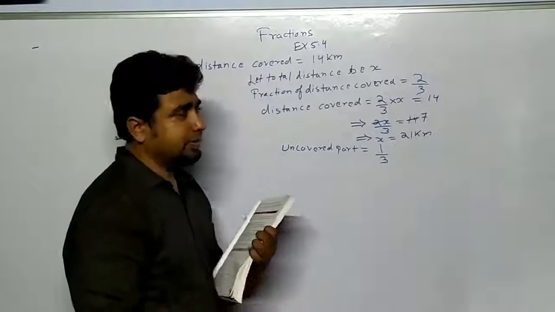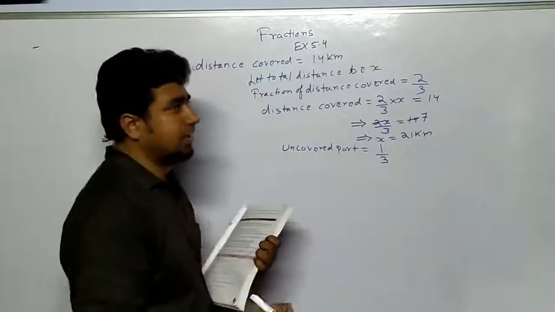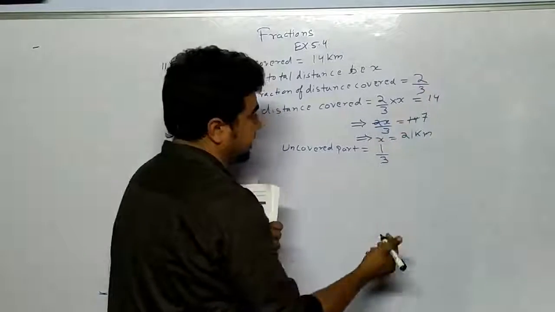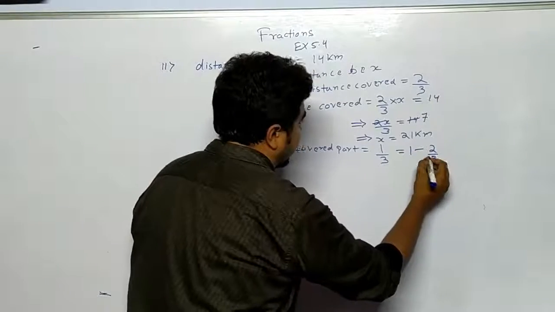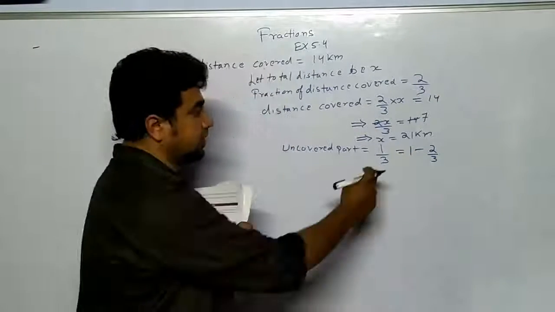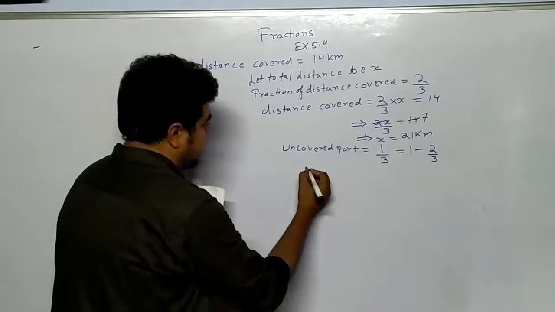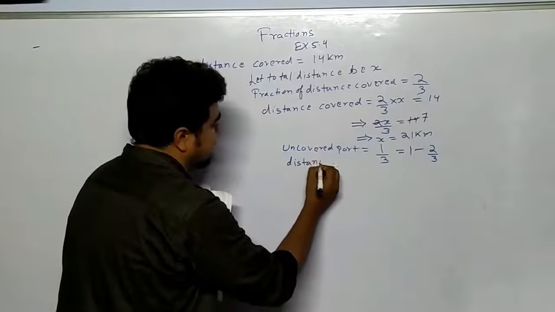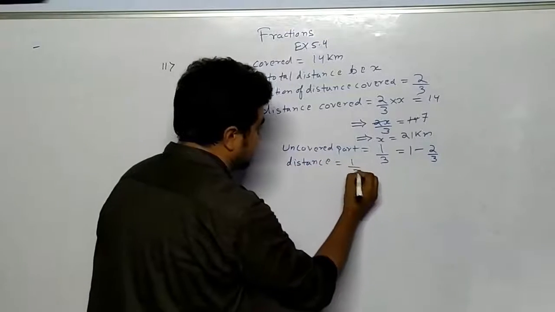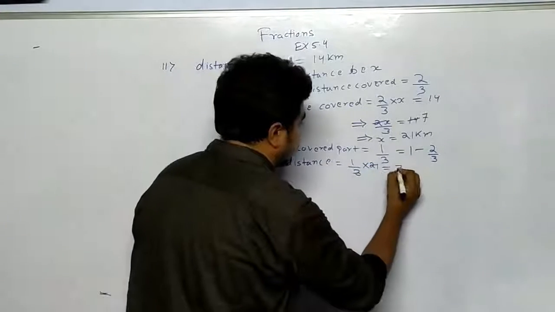When you have to find the uncovered part and you know the covered part, you subtract it from 1. So 1 minus 2 by 3, and by taking the LCM, you get 1 by 3 as the uncovered part. Now you have to find the distance left. So distance will be equal to 1 by 3 into 21, which is 7 kilometers.